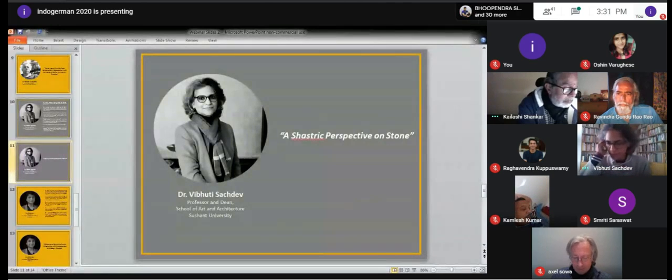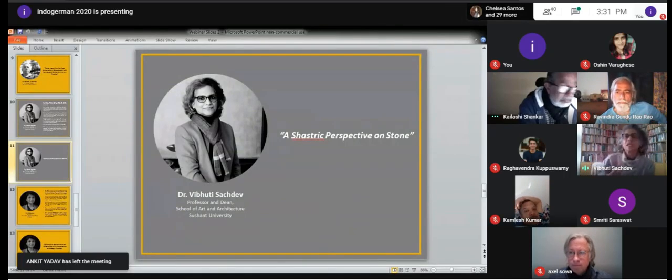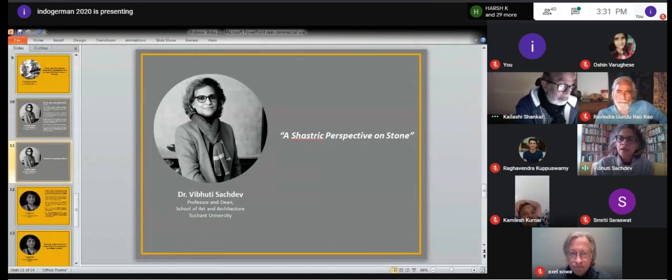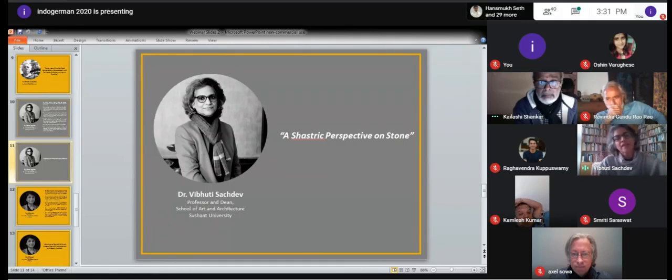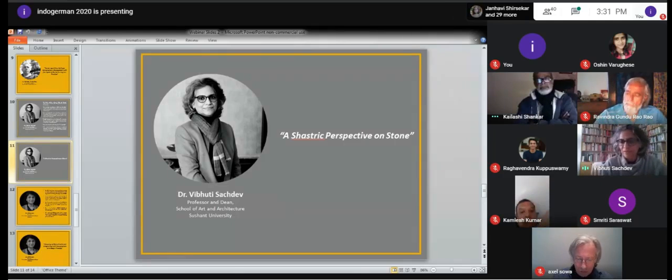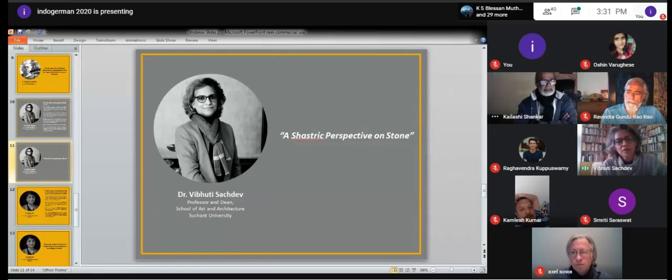What I'm going to present, and why I call it the Shastric, is just to give you a glimpse of the textual view on the material, to understand or appreciate what stone stands for, how we've culturally approached stone, what it means, where it comes from, how you know it, what the types of stone are, how you meet the stone.